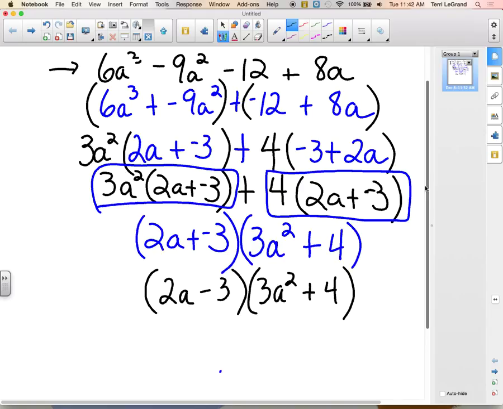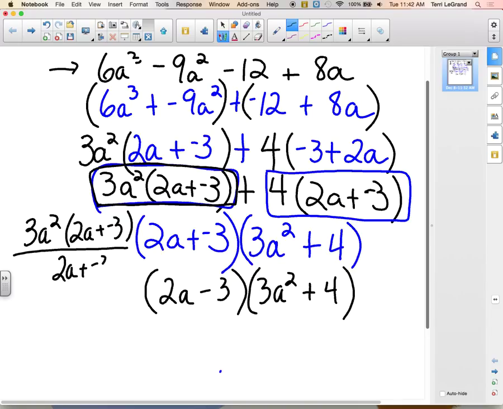In the blue, the rectangular box, how did you get 3a squared? How do we get 3a squared plus 4, that part? Okay, because that's why I was boxing this. What we're doing is dividing that 3a squared term by our GCF of 2a plus negative 3.